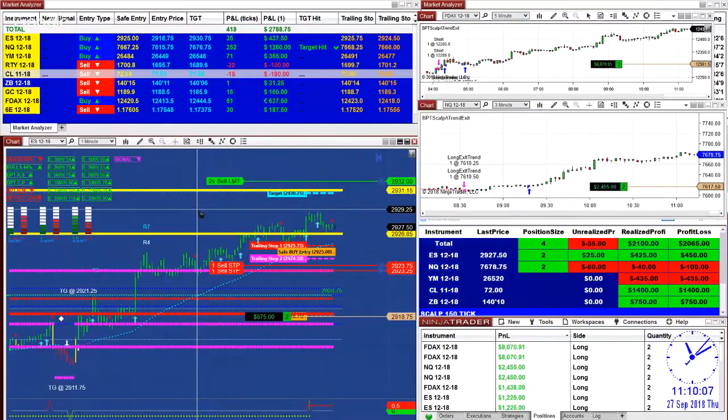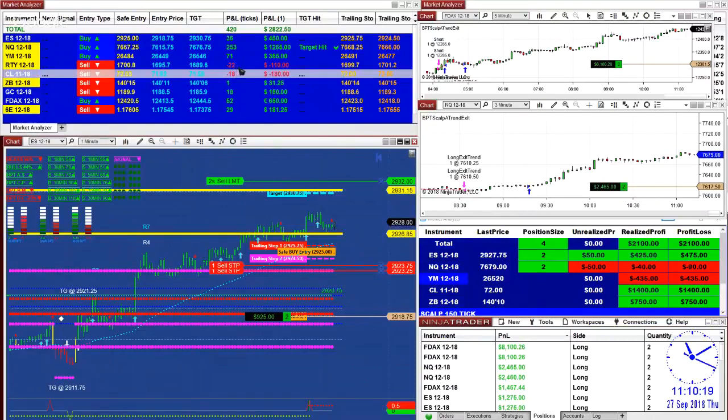For this morning run, we got 418 ticks, and this is not bad. We are still struggling on the CL and Russell. They're not doing well, and we'll wait on a new signal, whether it's on the ES, Nasdaq, or Dow Jones, and we'll follow that signal. Have you noticed, guys?